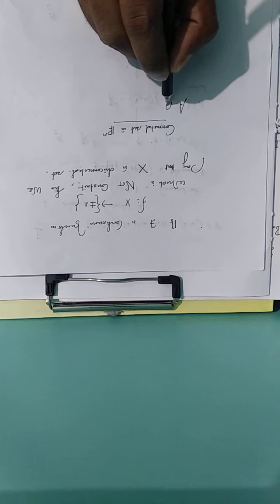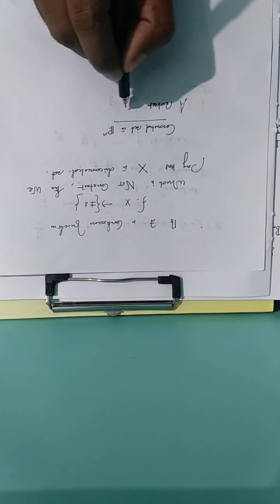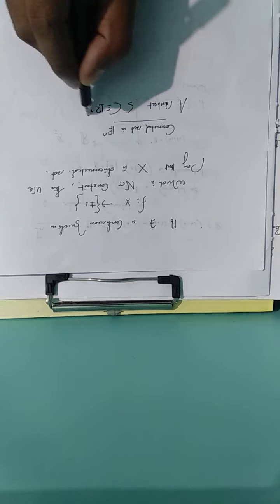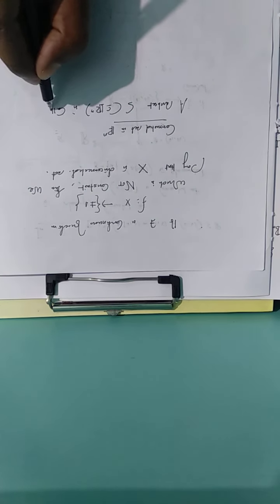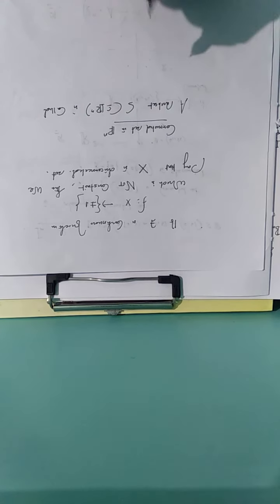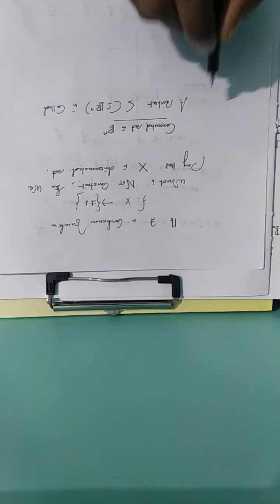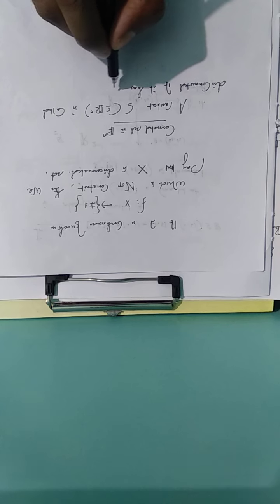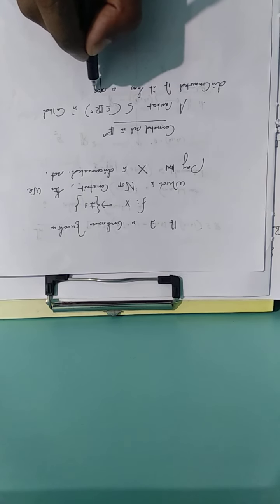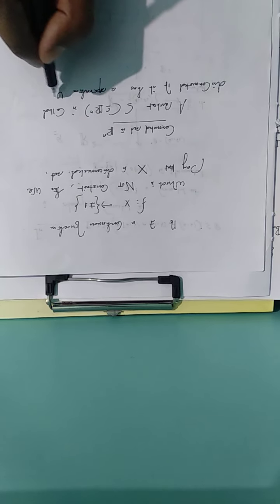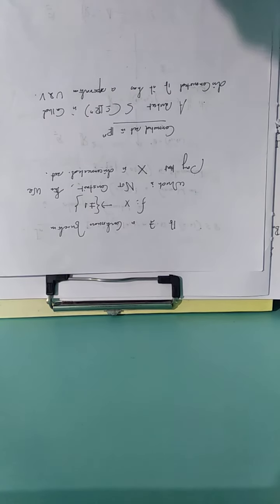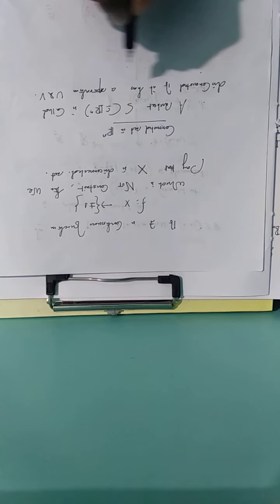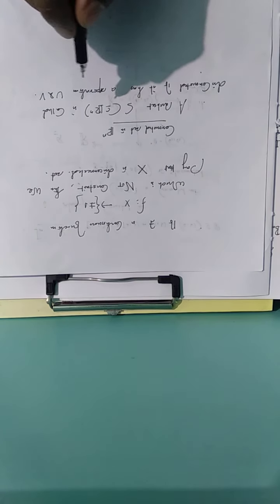A subset S of R^n is called disconnected if it has a separation U and V. And if there does not exist any separation, then S is called a connected set.